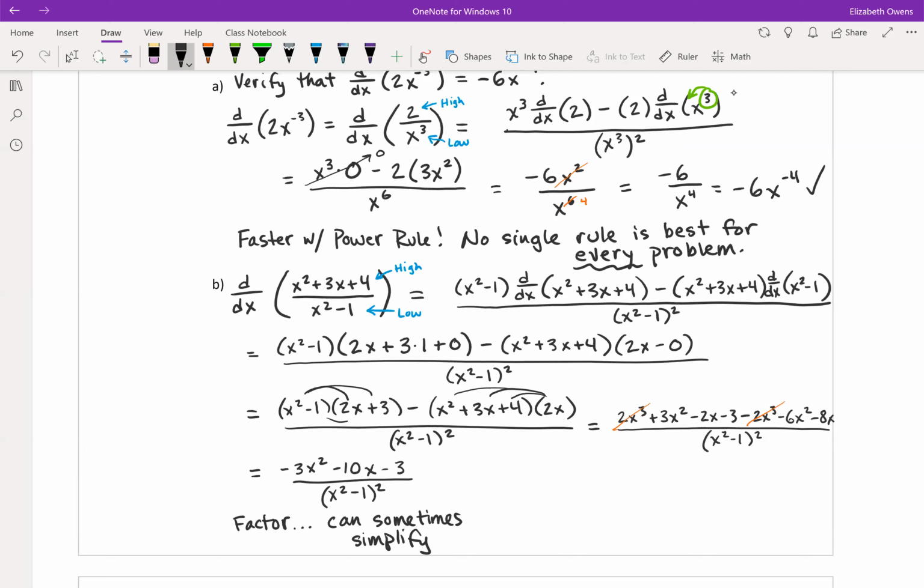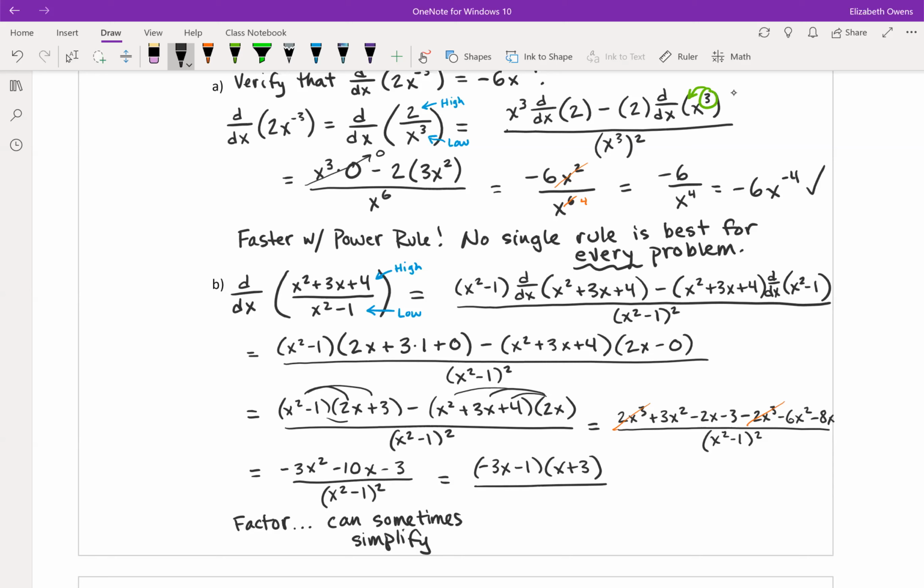If you can simplify a derivative down at all, that can sometimes aid you in further parts of a problem. So here, if we factor that numerator, you could take the negative out first or not, but it would be negative 3x minus 1 times x plus 3. Okay, maybe not the easiest factoring in the world.